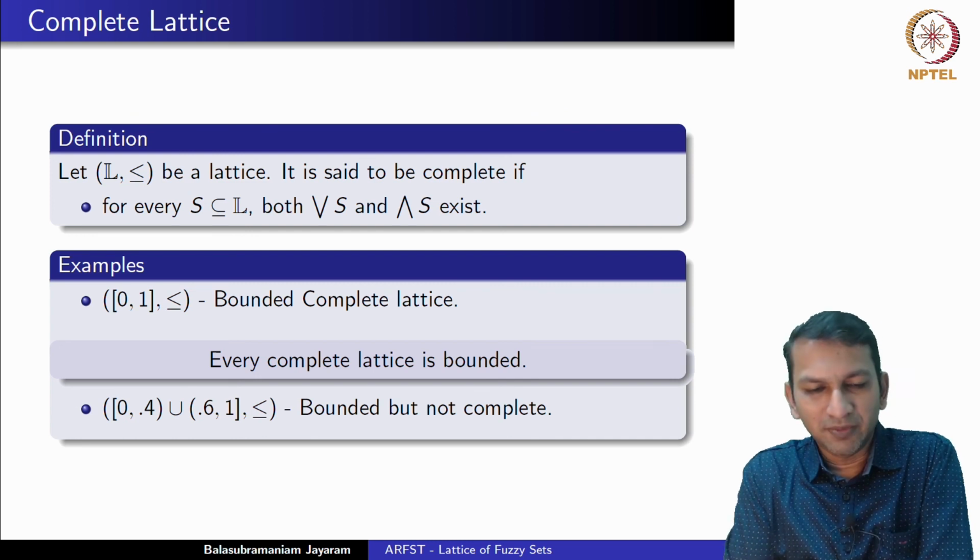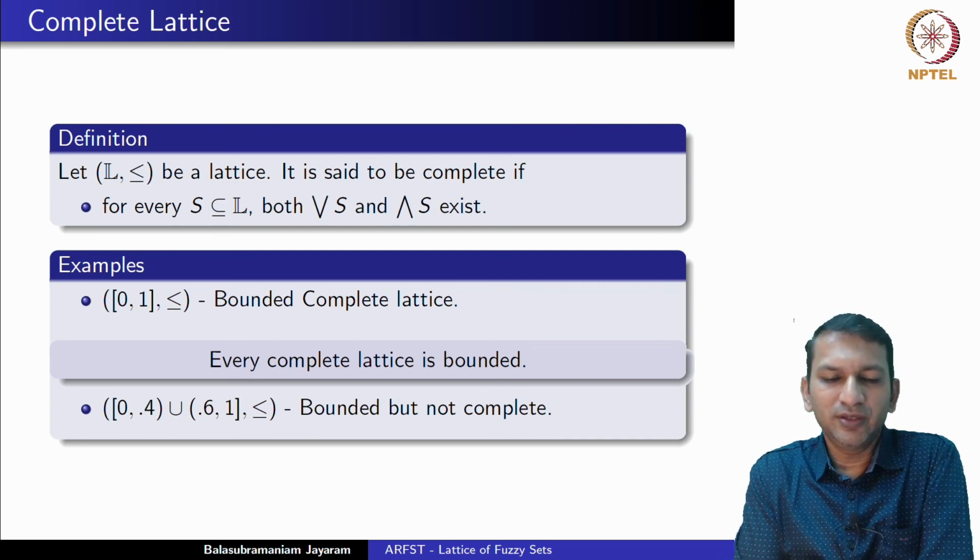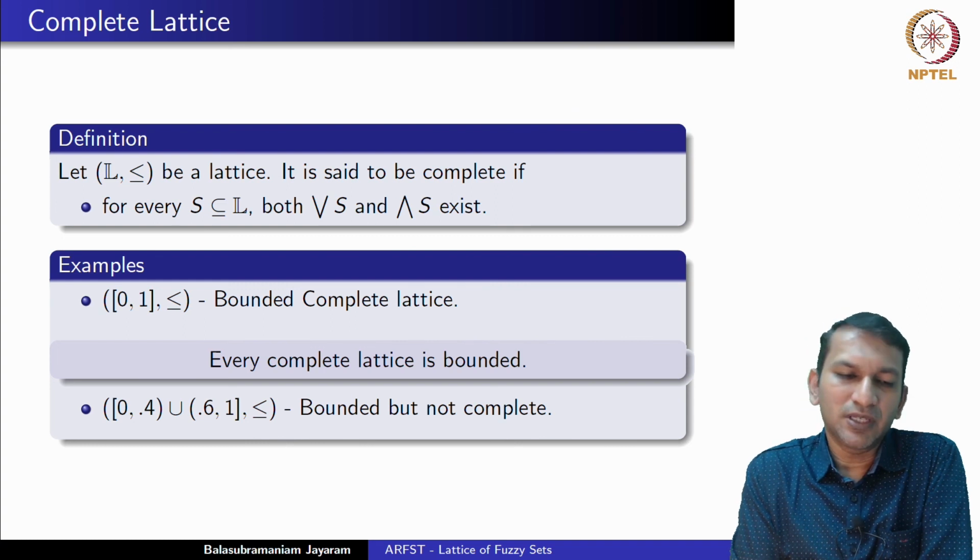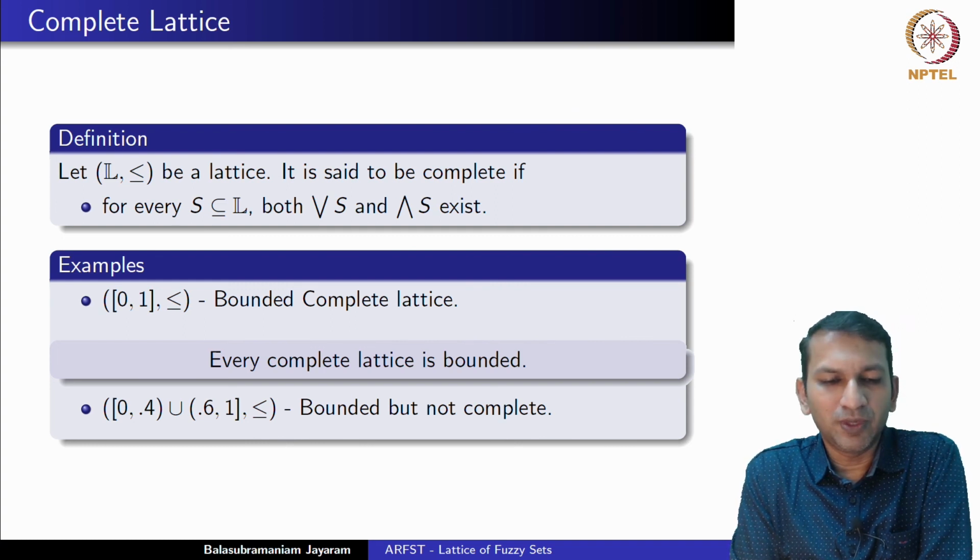Look at this example. It is a disjoint union of two intervals: 0 to 0.4, where 0.4 is not included, and 0.6 to 1, where 0.6 is not included. While this is bounded with respect to the usual order, it is not complete. Consider the interval 0.3 to 0.4, perhaps even the open interval (0.3, 0.4).